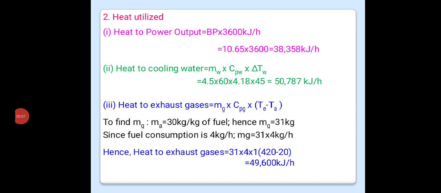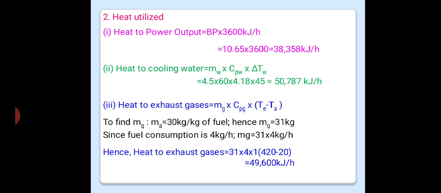Now first we have to calculate the heat utilized, it is heat to the power output, which is brake power. So BP into 3600 kilojoule per hour. Why this 3600? Because we have to draw the heat balance sheet on the hour basis. Normally when we are drawing the heat balance sheet on the minute basis, we take it into 60, but this is the hour basis heat balance sheet.